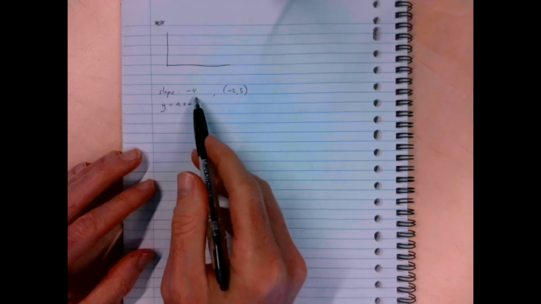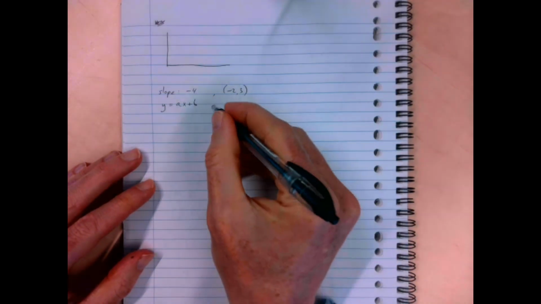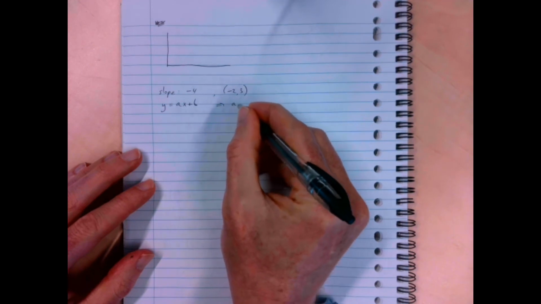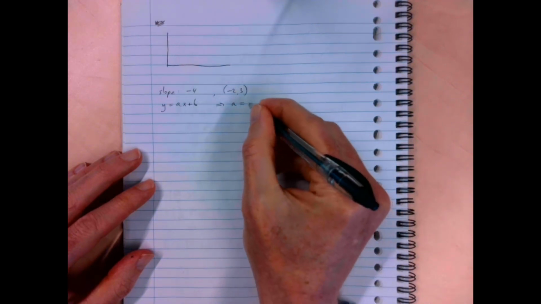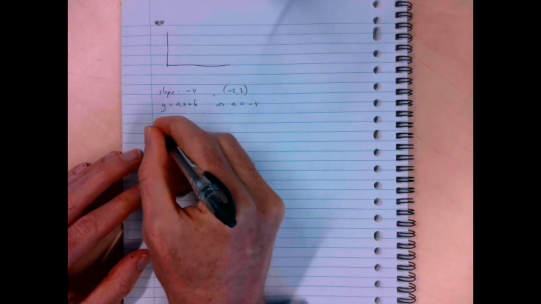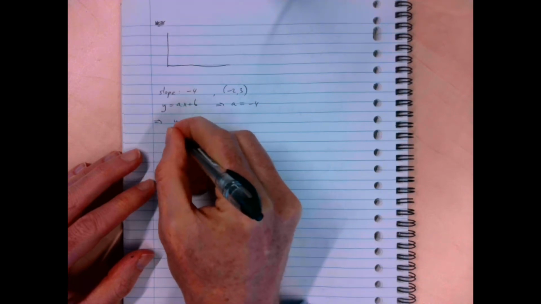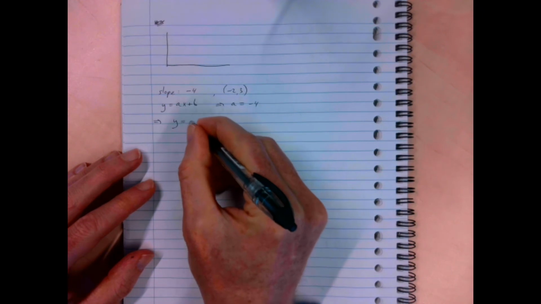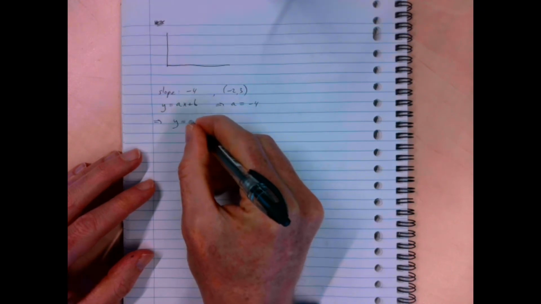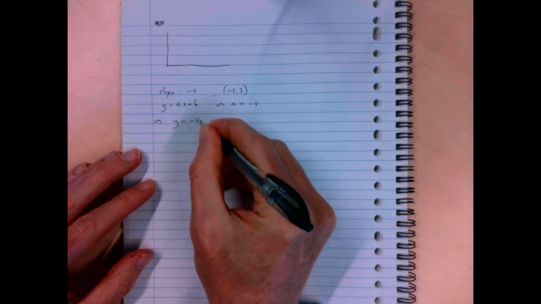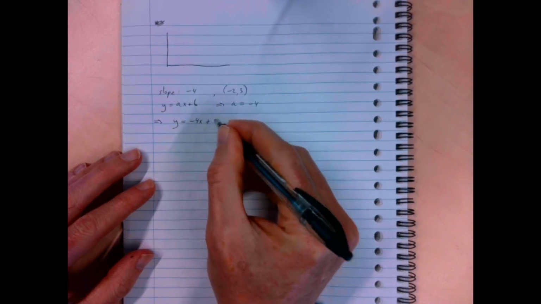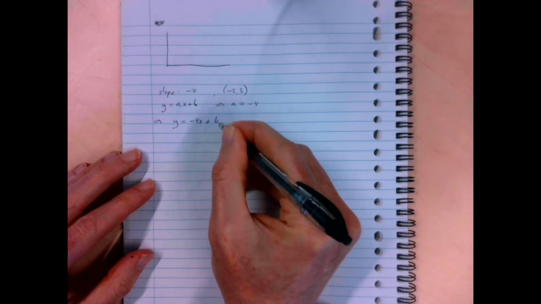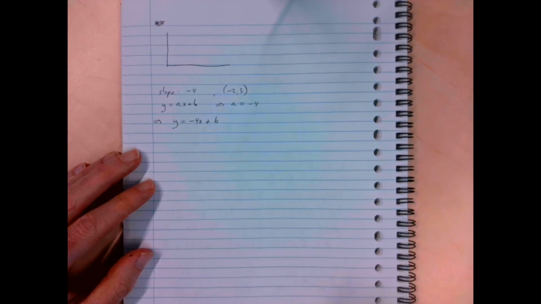So if I tell you that the slope equals -4, then we immediately know a equals -4. So that already leaves us with this simpler question. We know the equation for this line is going to be y equals -4 times x plus some b. And it still remains for us to figure out what this b is.